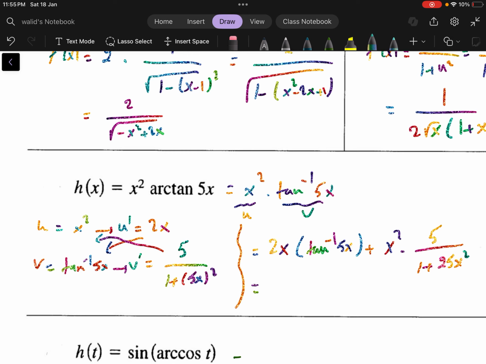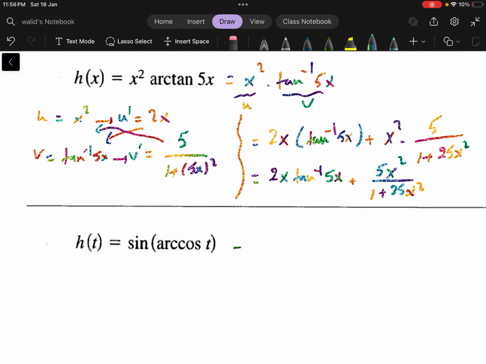Simplify it more: 2x tan inverse 5x plus 5x squared over 1 plus 25x squared. And that's it, no point in doing more simplifications.